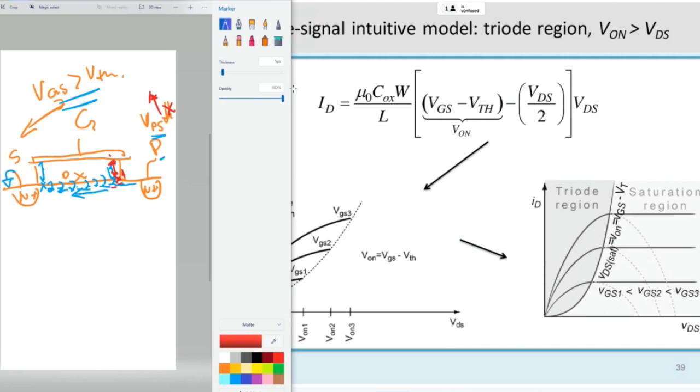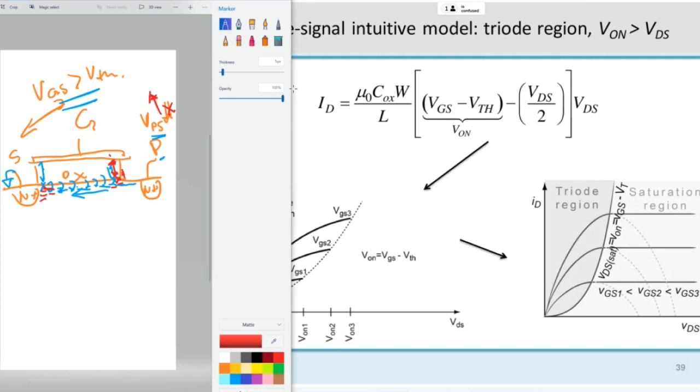So I'm still in the triode region. The gate drain voltage is still larger than the threshold voltage, but it's not that much larger. The gate source voltage is very much larger, so I have a lot of electrons, because with this large voltage I can invert the channel very well, and the density of electrons here is high.